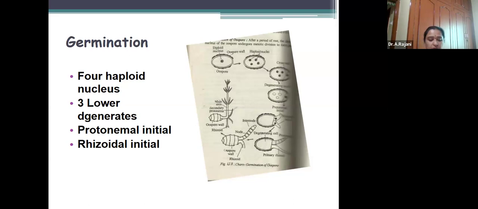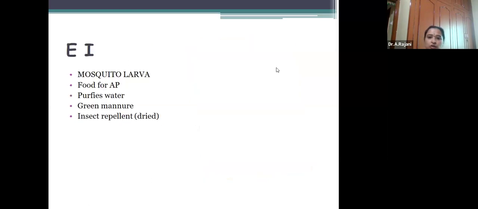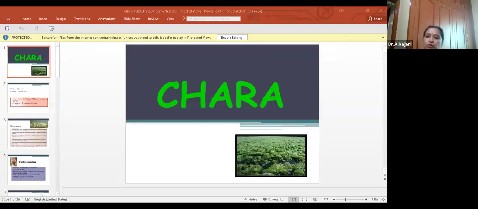At the time of germination, the diploid nucleus of the oosphere divides meiotically and thus the haploid state is regained. So the Chara life cycle is haplontic, with the haploid phase predominant. This is the total study of Chara. If you want to ask any doubts, I'll clarify.